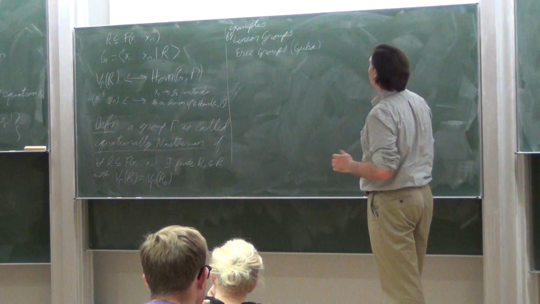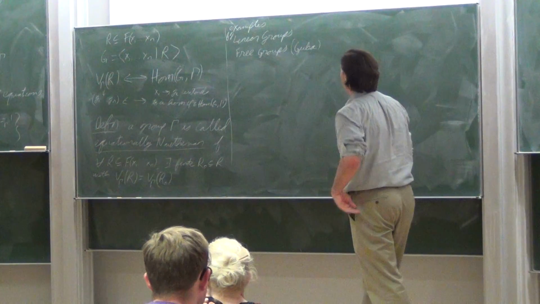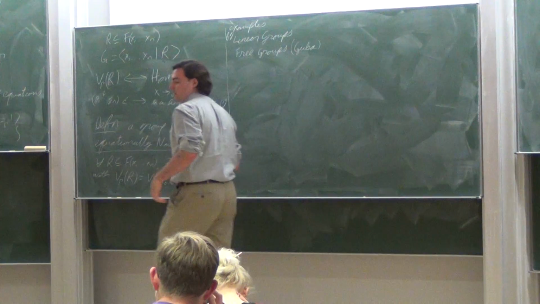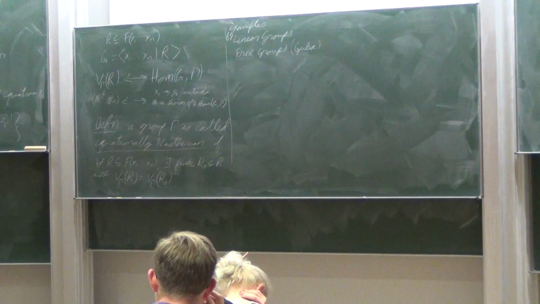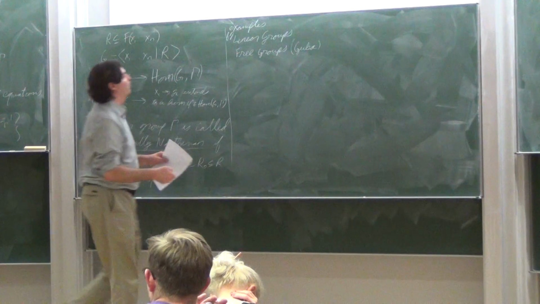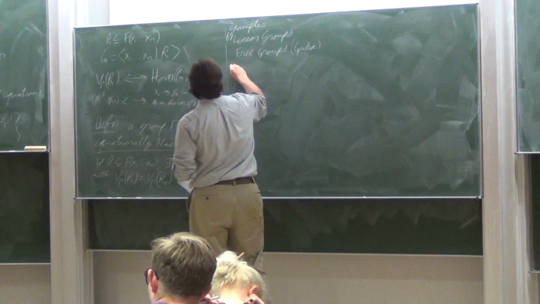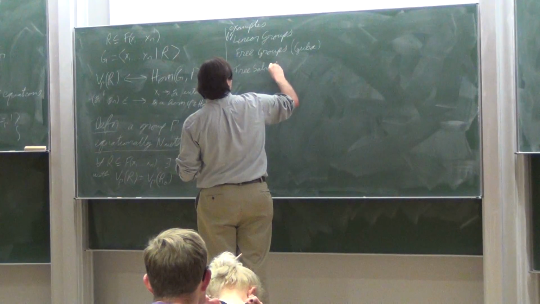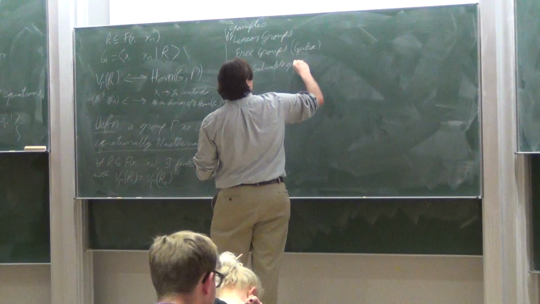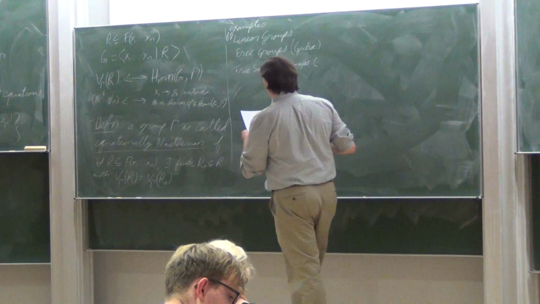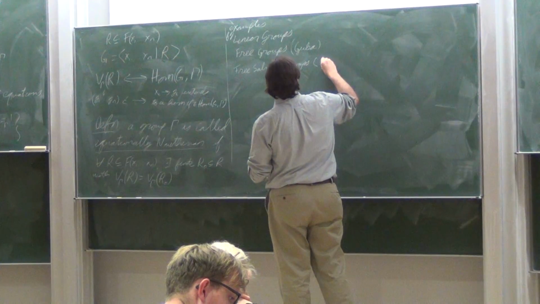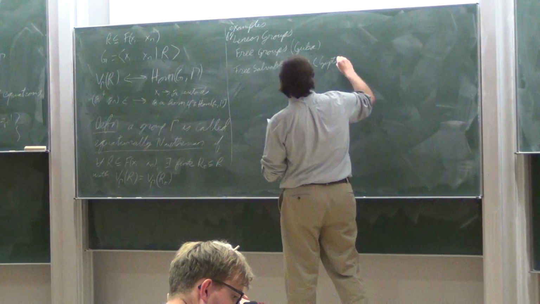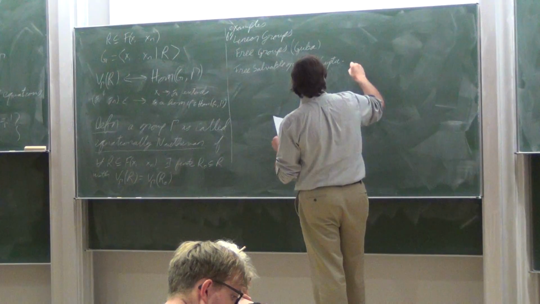Once you leave linear group world, it gets harder to find them. There are some that exist in the solvable group world. So free solvable groups. This is a result of Gupta and Romanovsky.